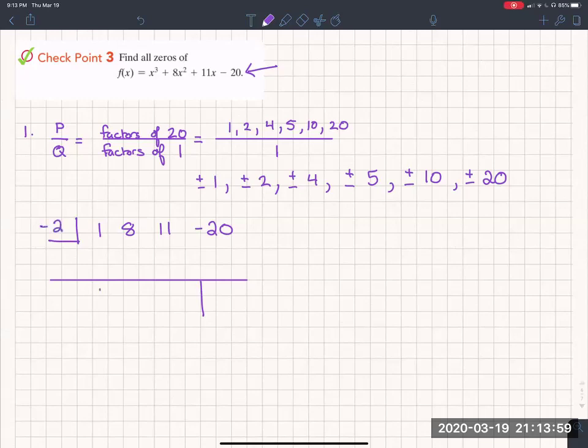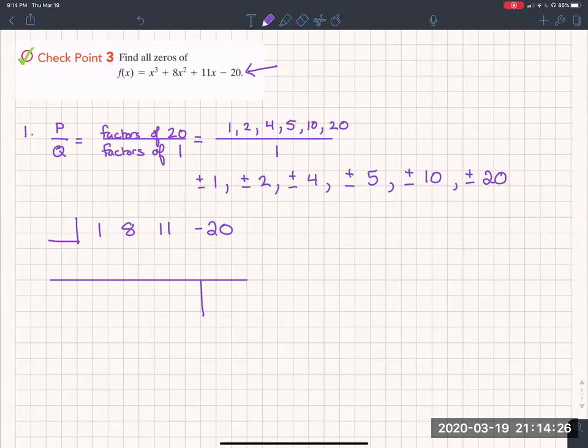Okay. 1 times -2 is -2. 8 plus -2 is 6. 6 times -2 is -12. -12 plus 11 is -1. -1 times -2 is 2. It's -18. So -2 cannot work because it doesn't have a 0 as a remainder.